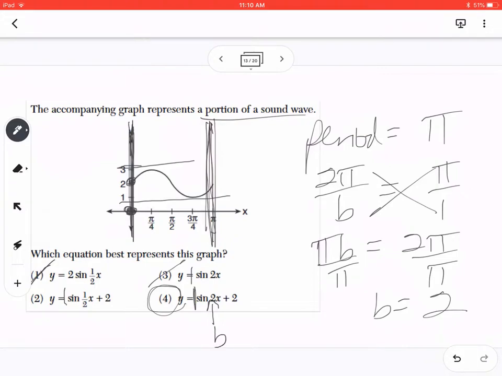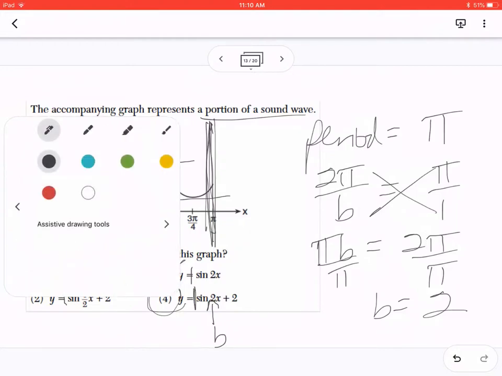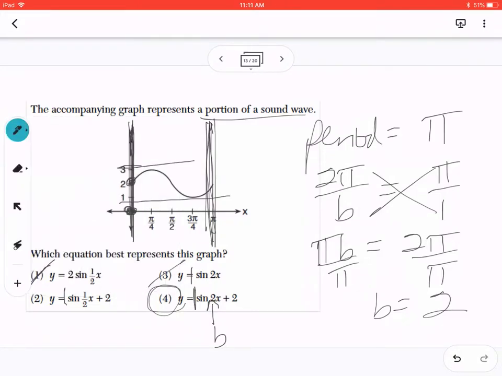In front of x is your b value. And then your vertical translation, that was the 2 units that we went upward. The 2 units that we went upward here. The entire graph moved up 2 units.